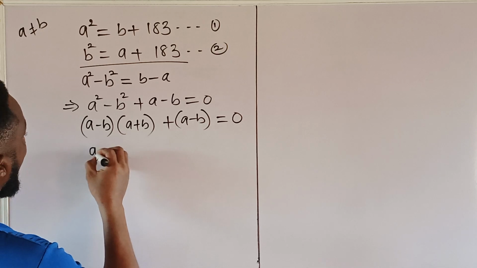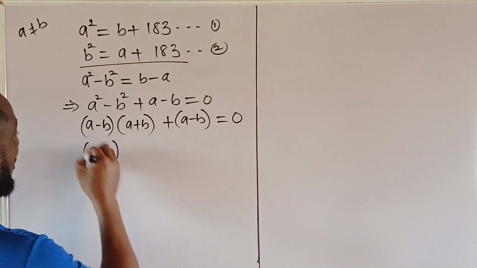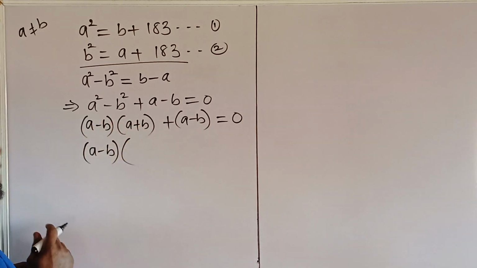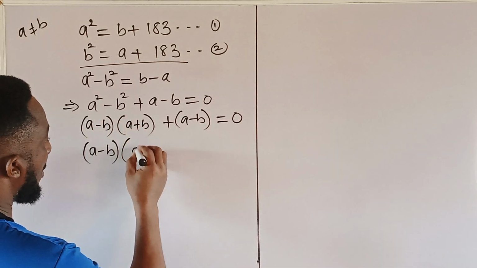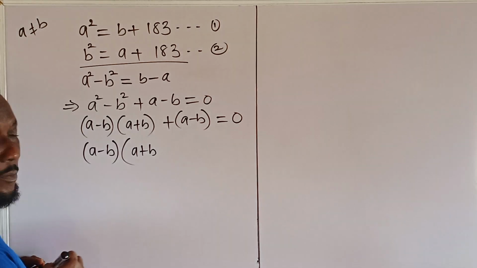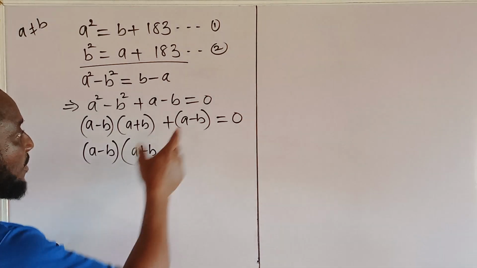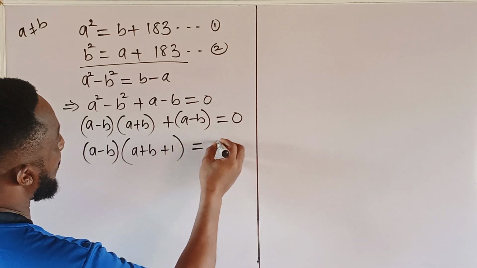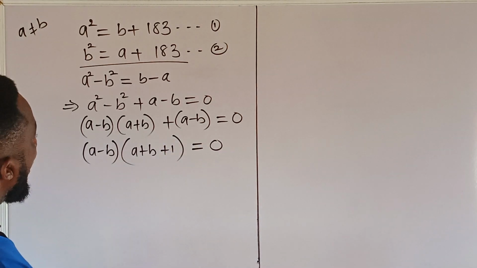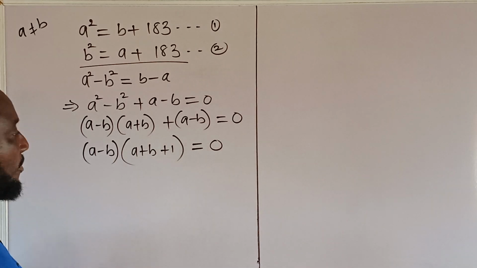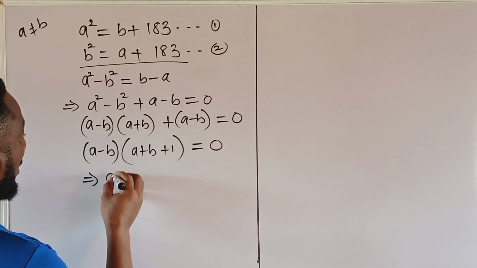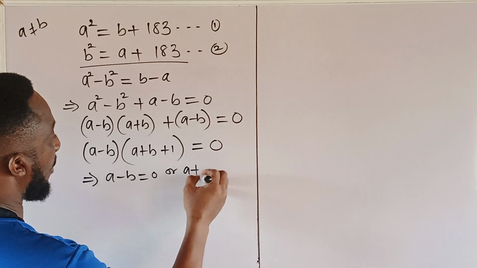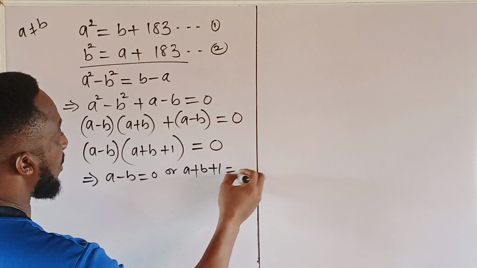So I'm going to have (A minus B) in parentheses. If I divide A minus B multiplied by A plus B by A minus B, A plus B is left. If I divide A minus B by A minus B, I will have plus 1. Everything equal to 0. Now from the zero product property, it implies that A minus B equals 0 or A plus B plus 1 equals 0.